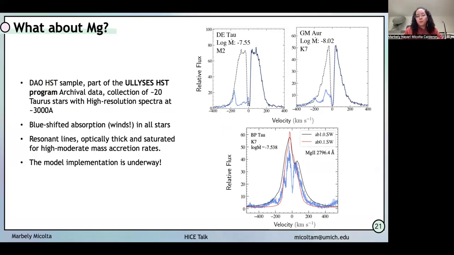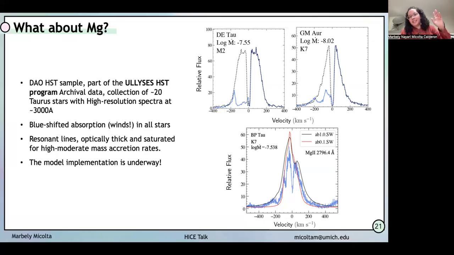ULLYSES is a project team that has observed and accumulated about 500 hours of HST time for T Tauri stars. It's a beautiful collection of data. It has around 20 Taurus stars with high resolution spectra. So with this, we're also checking that younger sample we're interested in.